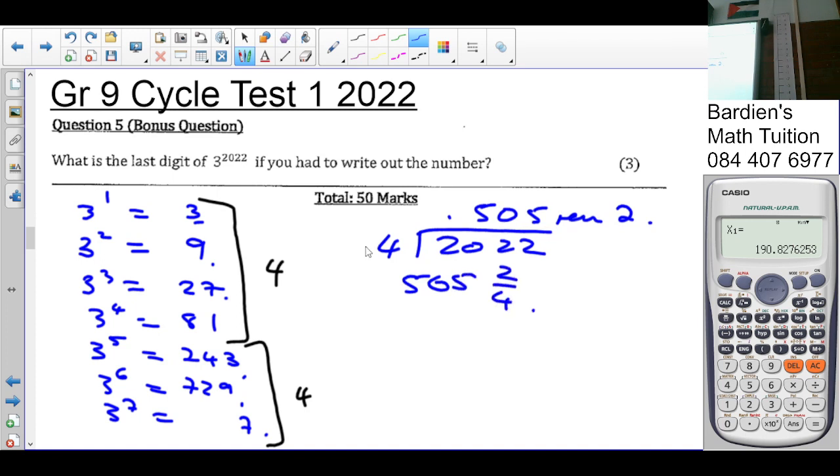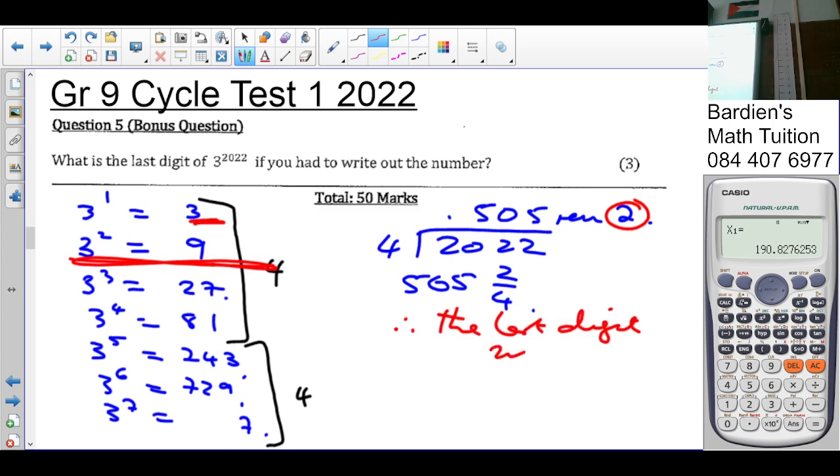Which means to say there are 505 sets of 3971. So if it was remainder 1, then the next number would have been 3. However, since it's remainder 2, therefore the last digit will be 9.